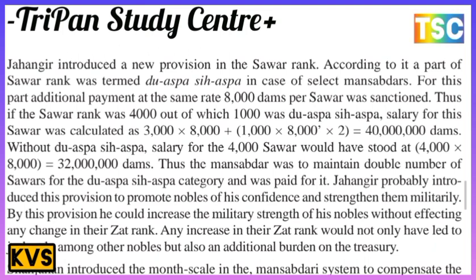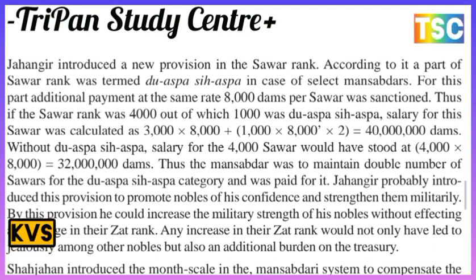That is the most important point here. And without du-aspa sih-aspa, the salary for 4,000 would stand at 4,000 into 8,000, which is equal to 3 crore 20 lakh dams.